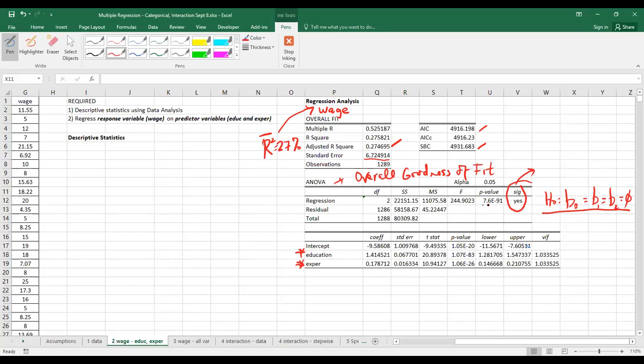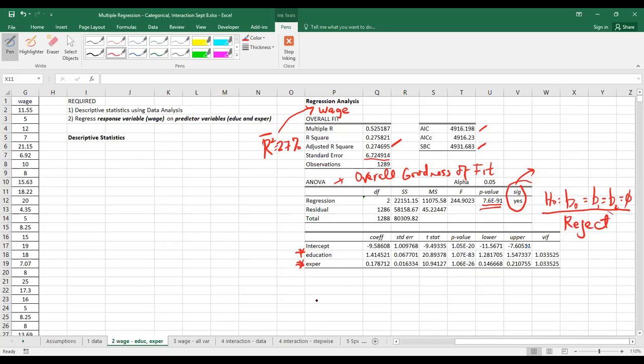With the p-value practically equal to 0, then we reject this null hypothesis that beta null is equal to beta 1 is equal to beta 2 is equal to 0. So reject to. No? Reject the null hypothesis kasi significant yung p-value natin. Ang conclusion natin, ang inference natin, at least one of these parameters is not equal to 0. Hindi natin alam, by F statistic, hindi natin alam kung sino dyan. Pero ang alam natin na at least one of these is not equal to 0.